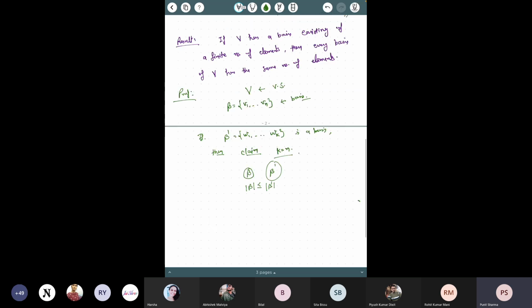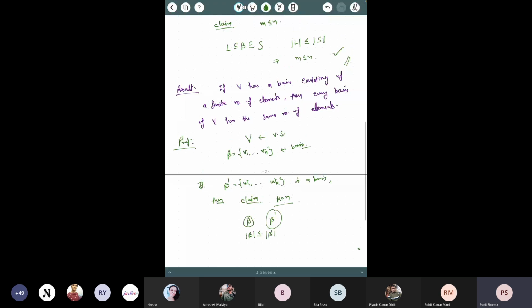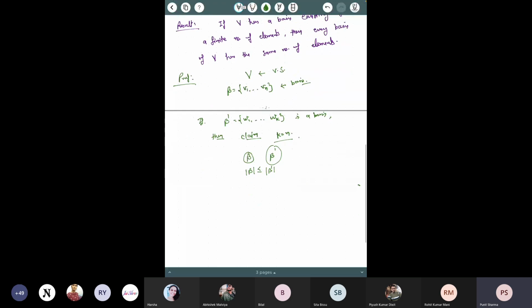But what I would say is that it is easier to justify, because here we have not proved that for a maximal linearly independent set, any other linearly independent set we have will have the smaller cardinality. Although this is true, we have not proved this. So if B dash is a maximal linearly independent set and B is a linearly independent set, then cardinality of B is less than or equal to cardinality of B dash.